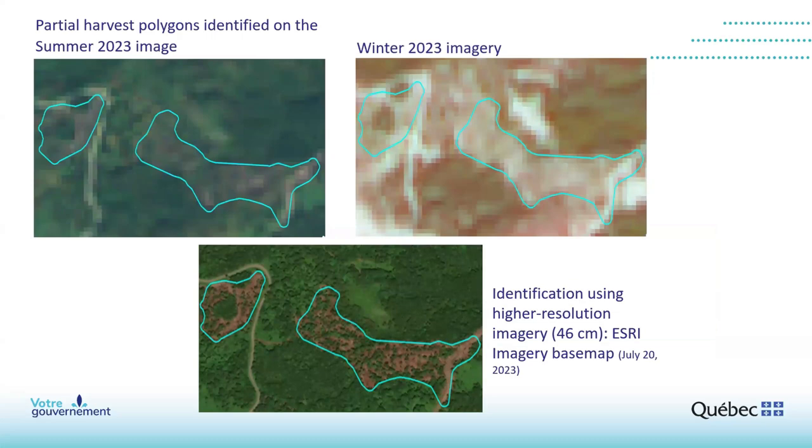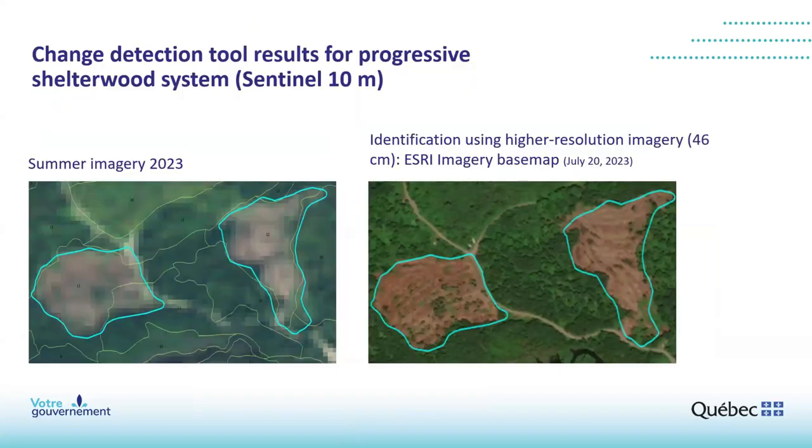Here are some of the examples that we use for our validation process. We can see that we have detected some change, and we were able to verify with some imagery available to us. Here's another example for a progressive shelterwood system.